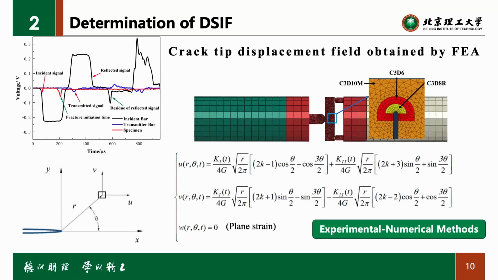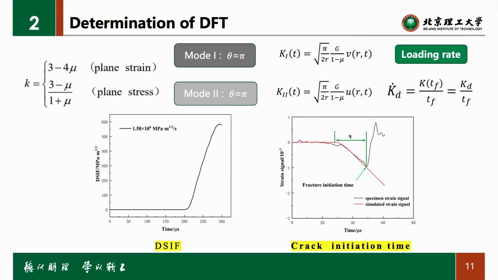Mesh refinement is used to obtain a precise displacement field, and then with this function we get the DSIF curves.